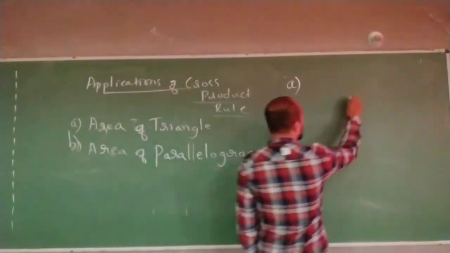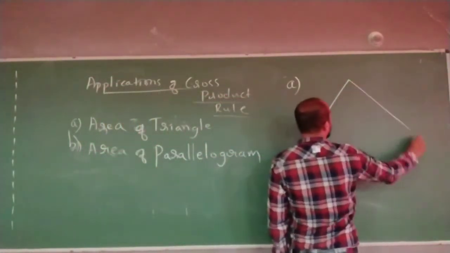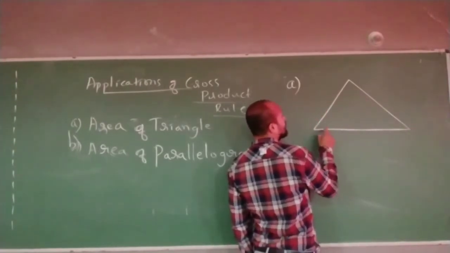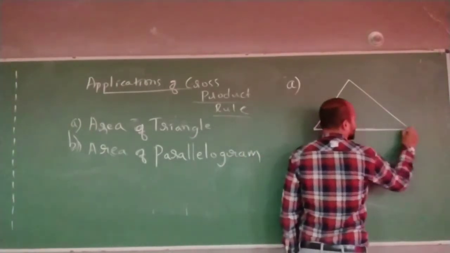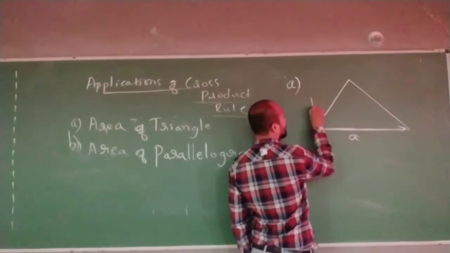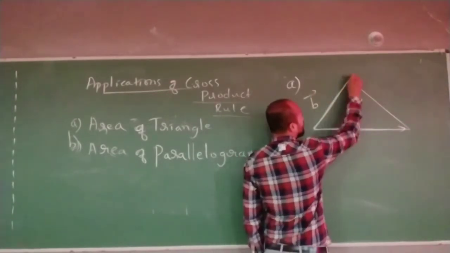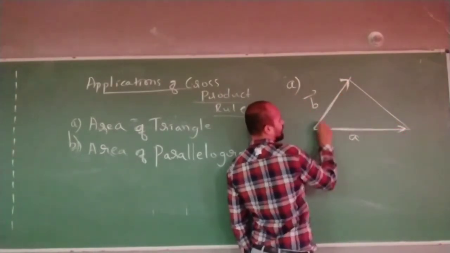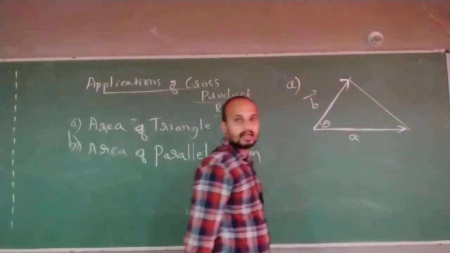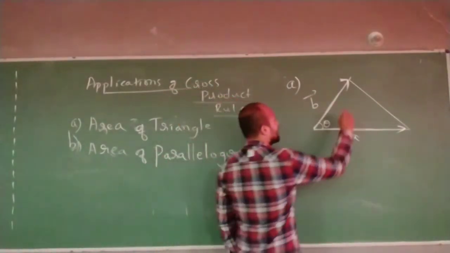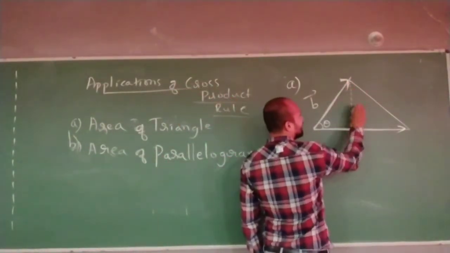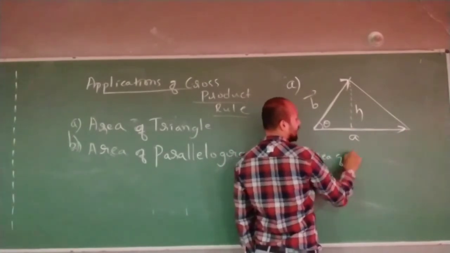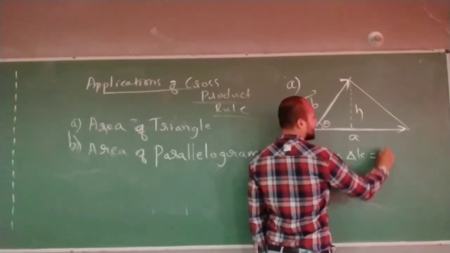Let me show you. See here, let me take one triangle. Let us take this is one vector A, this is one vector B, and let's say it is making angle theta. If I consider this is the height of the triangle, area of triangle is given by what?